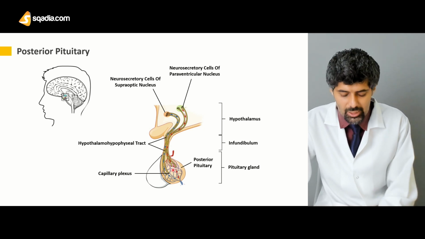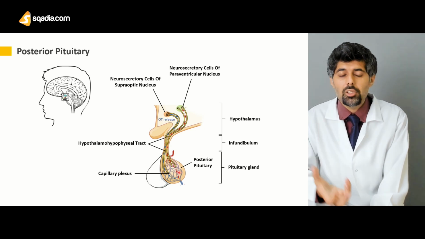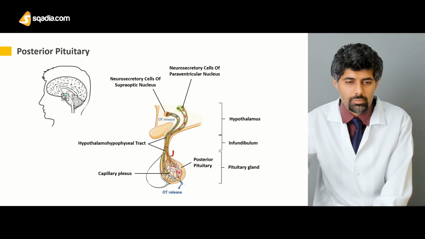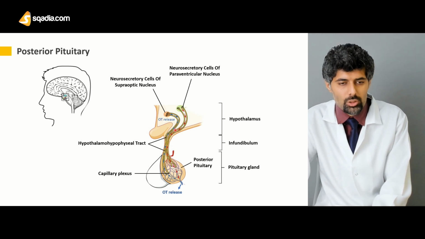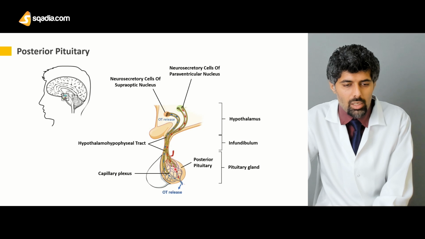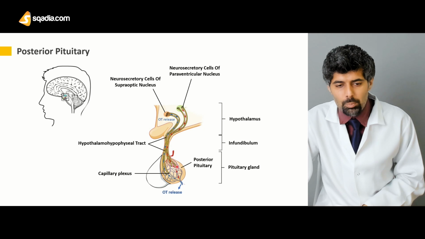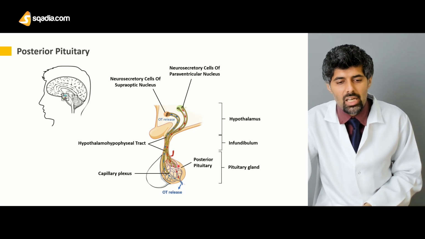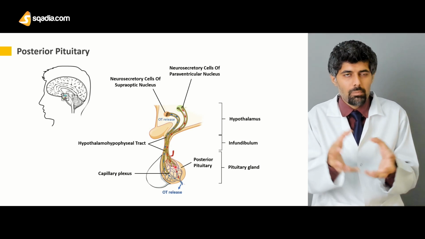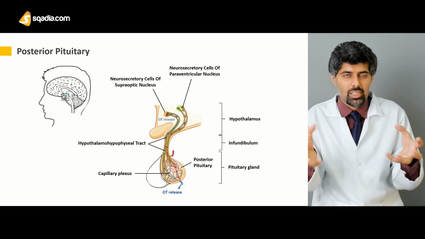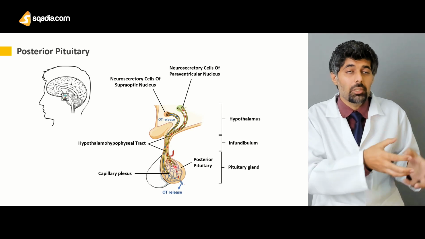Now, when they are released in the posterior pituitary, the release is direct. What I mean by direct is that the axoplasm releases the hormones at the site of the plexus, and the plexus has a very peculiar structure: it contains sinusoids, which are the fenestrations or the holes in the plexus.